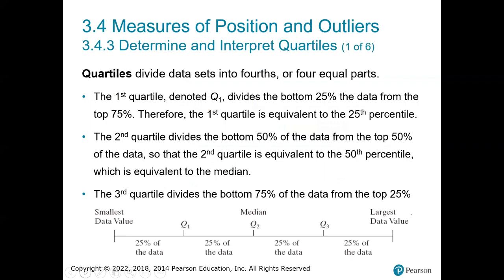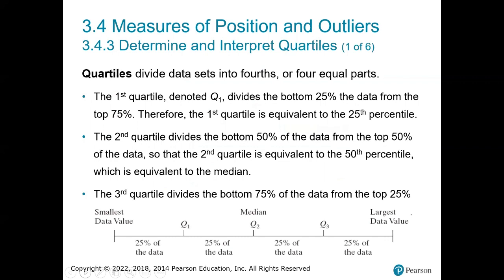Okay, the main percentiles we're going to work with here are quartiles, though. Quartiles are quarters. They divide our data into fourths, or 4 equal parts of 25% of the data. The first quartile, Q1, is the bottom 25% of data, so that value is the 25th percentile.